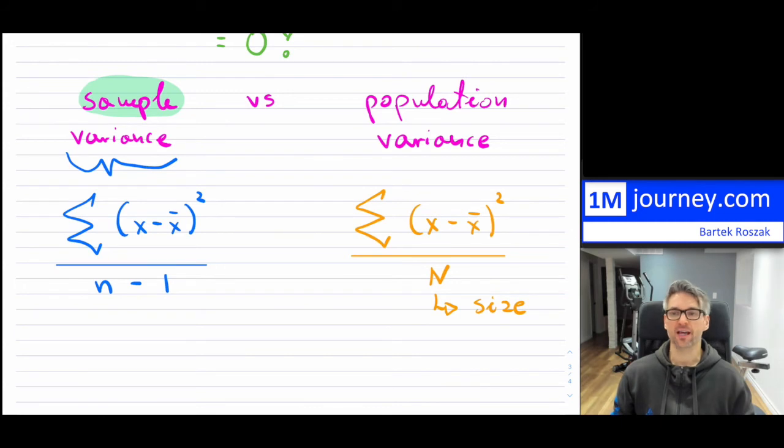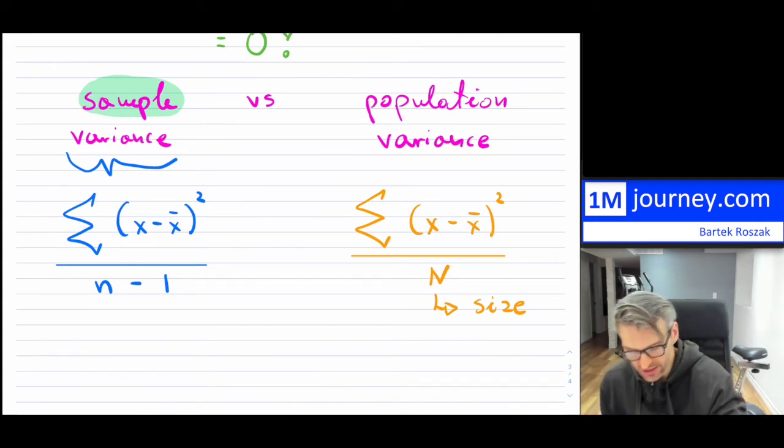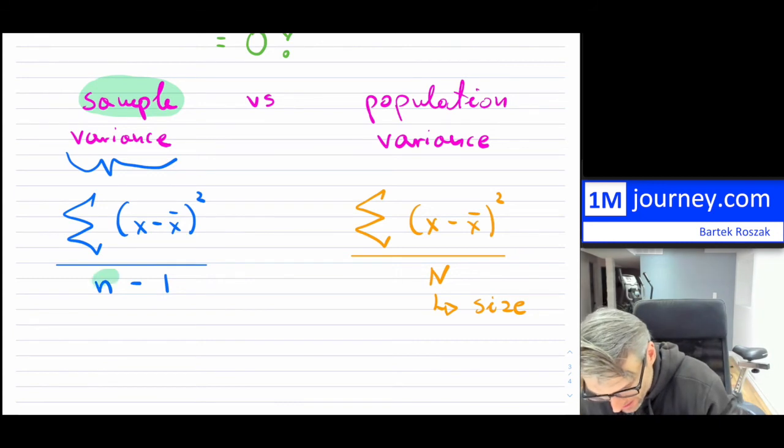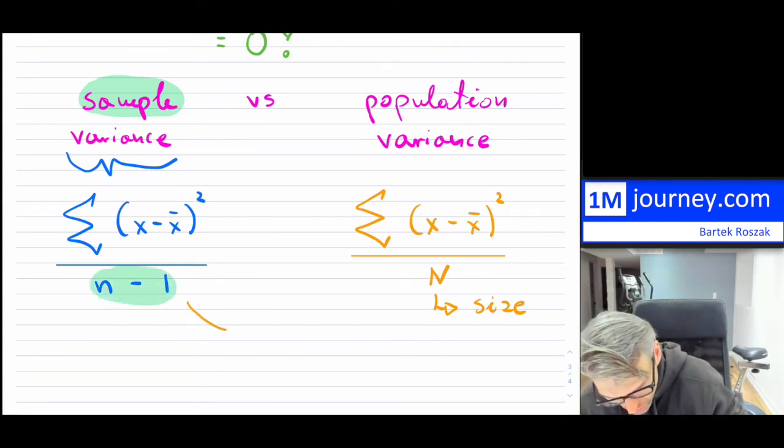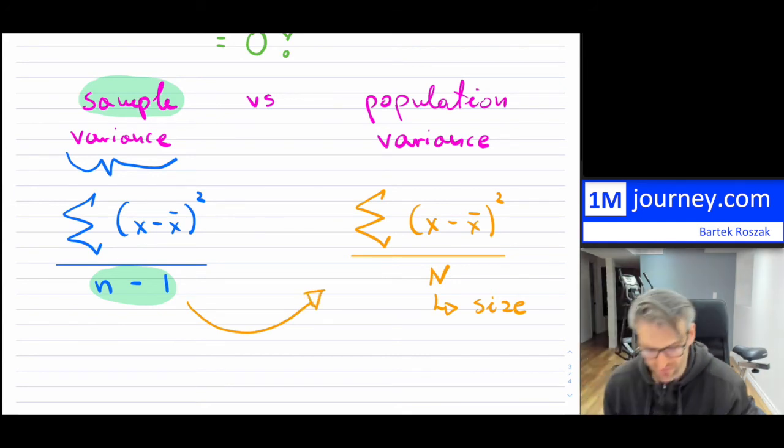Now you might say, what's the difference? Why do we do it? Well, when you're just learning the introductory concepts, there won't be a grandiose explanation of that. It turns out that if you continued to study statistics, you would find that dividing by n minus 1 is a better approximation to the overall population variance.